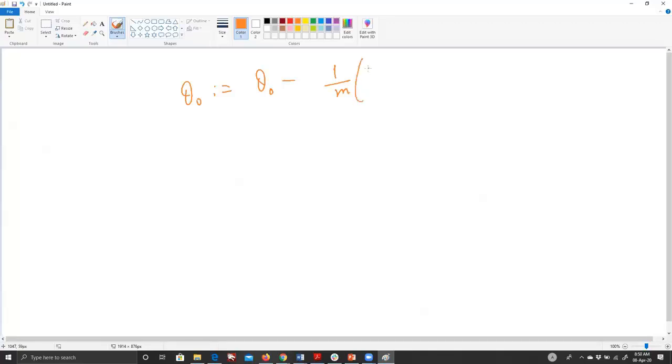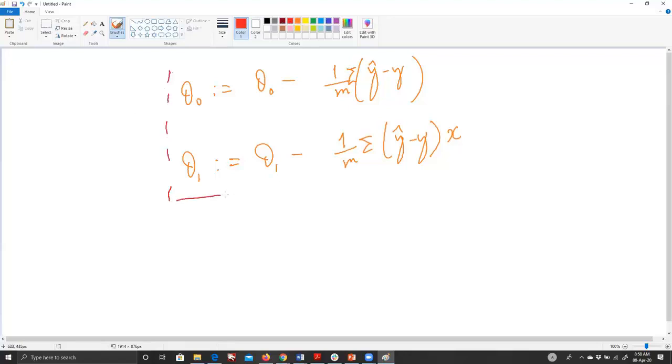Okay, and the equation was, and theta 1, whatever the previous value of theta 1, sorry, there's a summation sign here. Is the equation complete? Does this make sense, what I have just done? Yes.